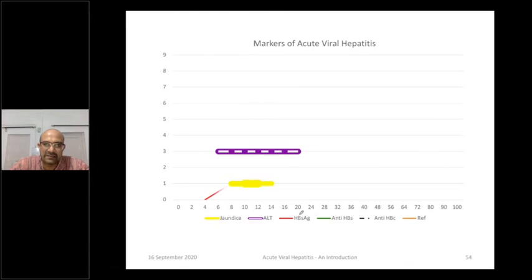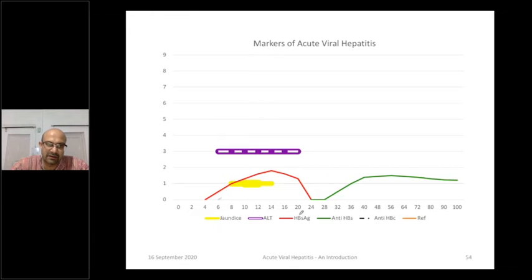Then we said the HBs antigen starts rising in the 4th week and settles down by the 24th week, after which we have the rise in the anti-HBs antibodies. Now, how do the anti-HB core antibodies behave?